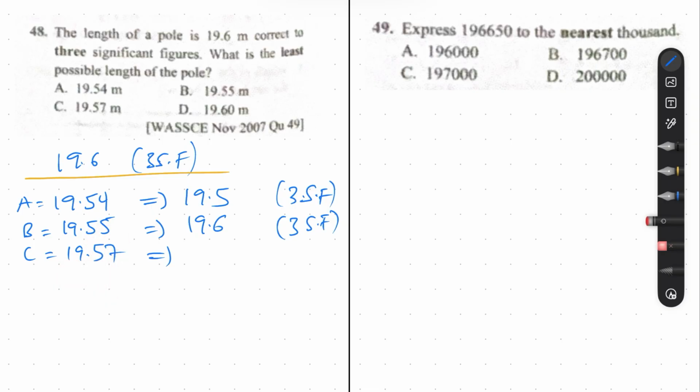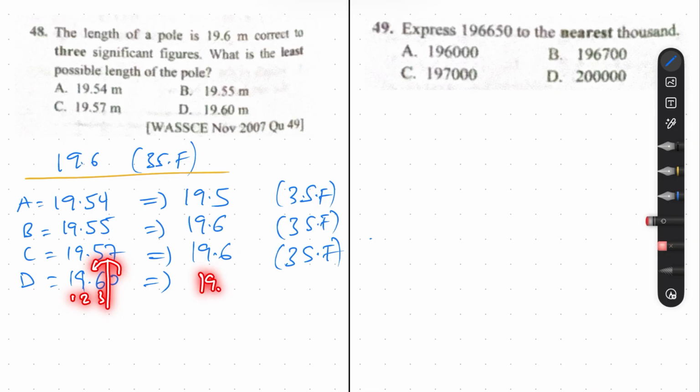So it becomes 19.6 to 3 significant figures. The same for D. D is 19.60. So 3 significant figures will be 1, 2, 3. So we stop here. We can't round 0, right? So the answer will be 19.6.